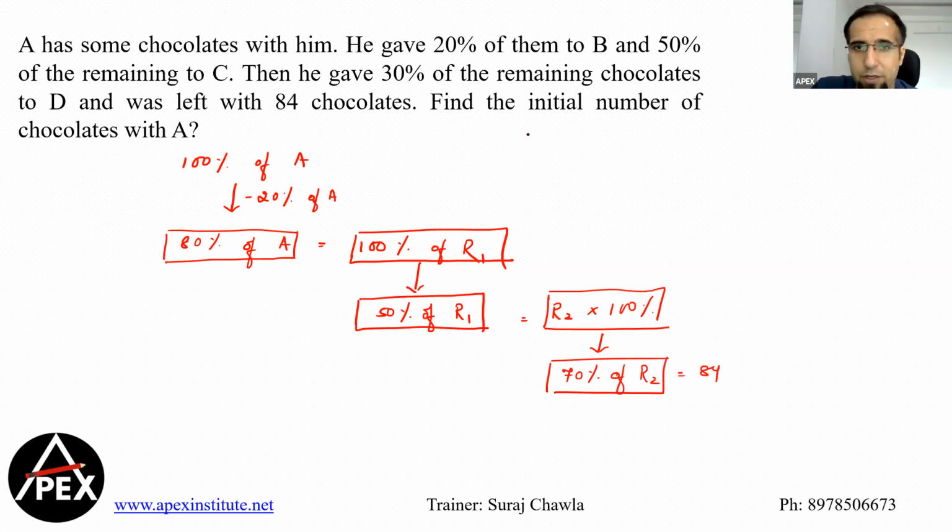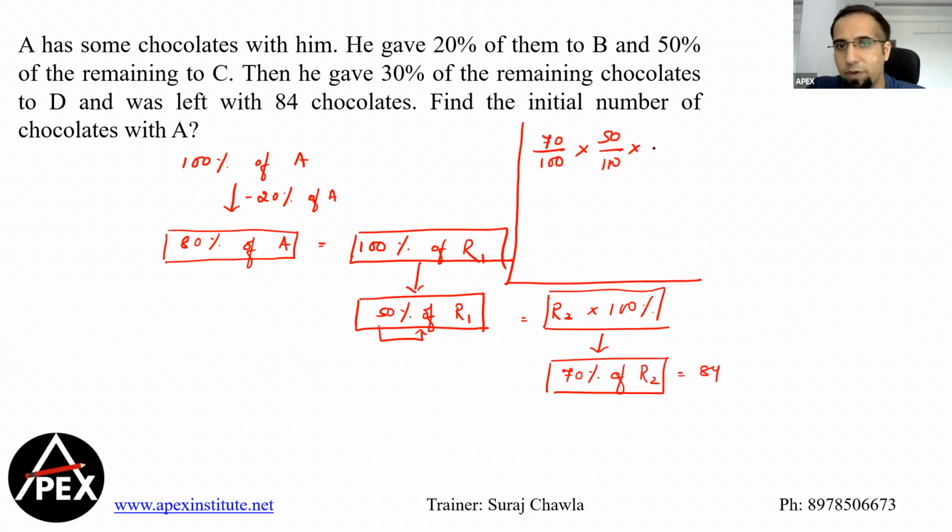So I'm doing my calculation here. My calculation becomes 70 percentage of R2. What is R2? R2 is 50 percentage of R1. Now what is R1? R1 is nothing but 80 percentage of A. Now this, as per the question, is equal to 84.